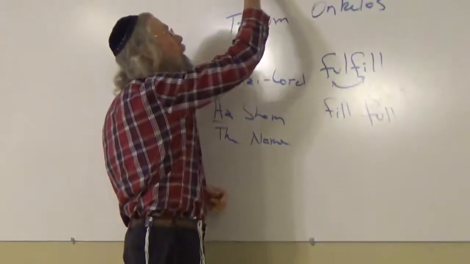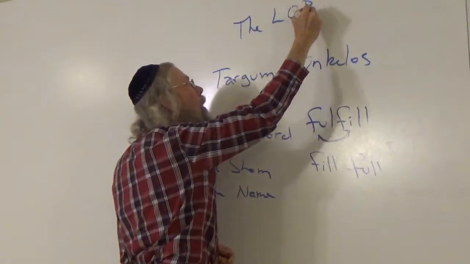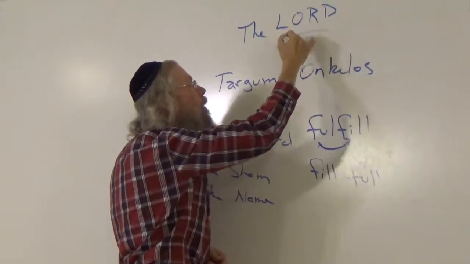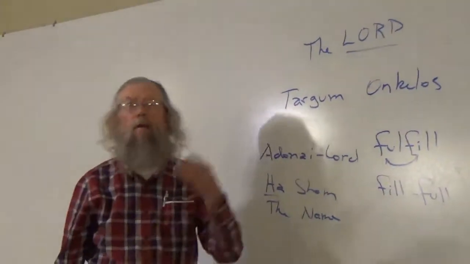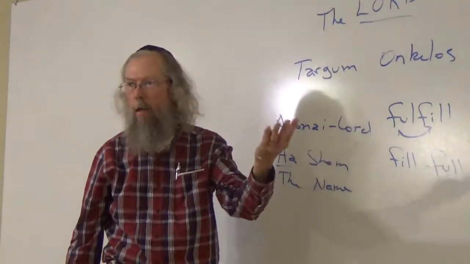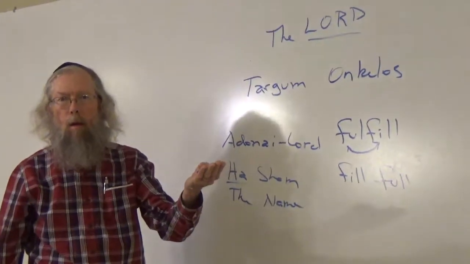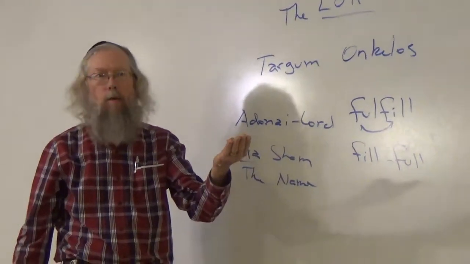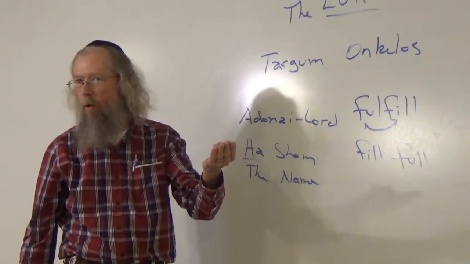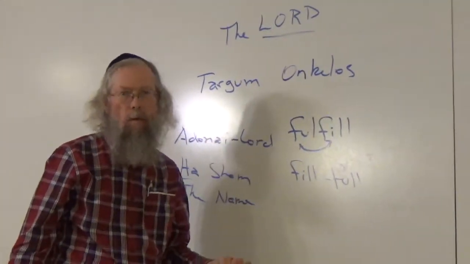And it will look like this: the, and then capital L, capital O, capital R, capital D. Why? This is the cover term for Yud Kei Vav Hei. Even in the English translations, this was respected. In Spanish, many translations will say El Señor es mi pastor, nada me faltará.